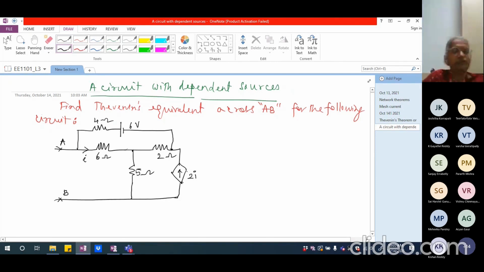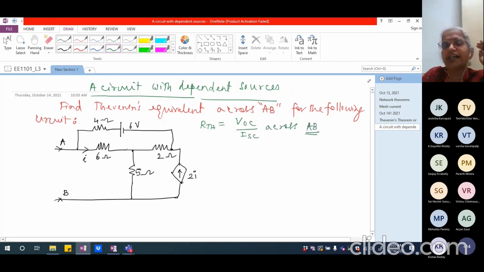Okay, so this is what is being asked, and whenever you have a dependent source, never ever try to calculate RTH by short circuiting the voltage sources and open circuiting the current source. So RTH should be found out only as VOC divided by ISC across AB.